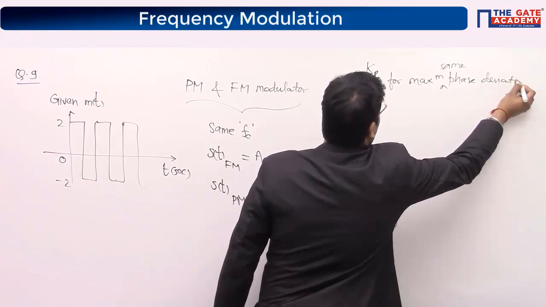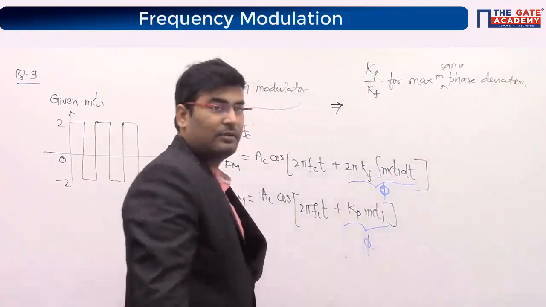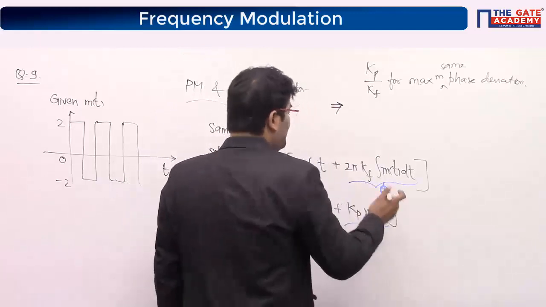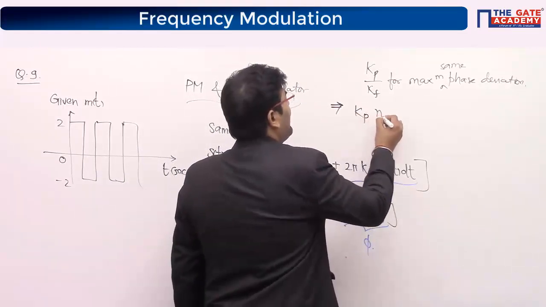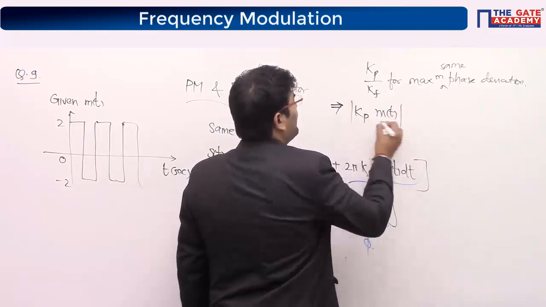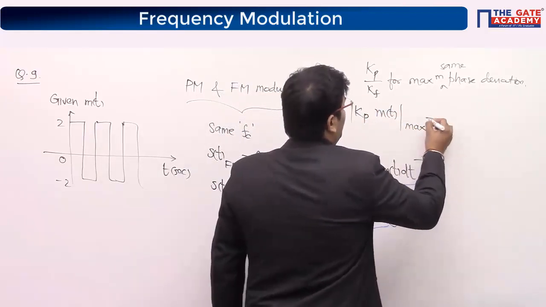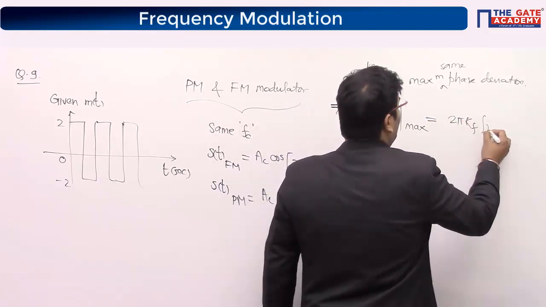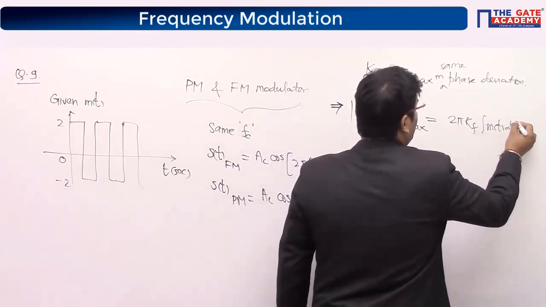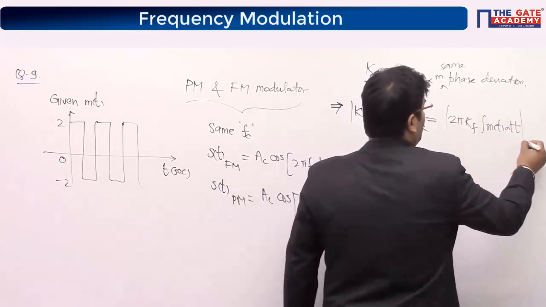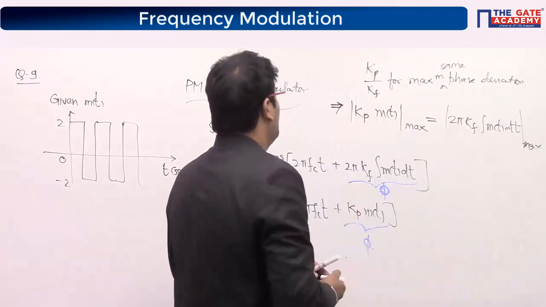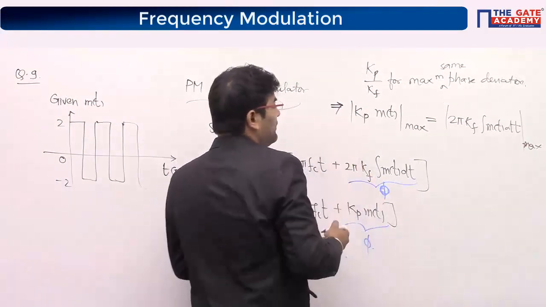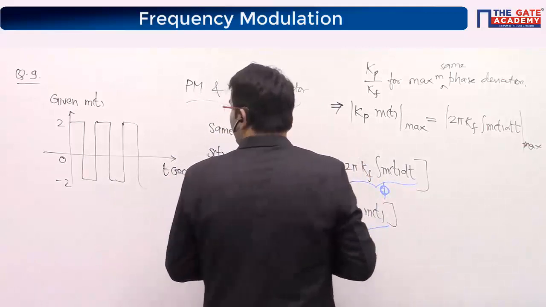This is the question, guys. You need to understand the question. For the same maximum phase deviation, what you are supposed to do is equate these two: Kp m of t, and get the max out of it, equal to 2 pi Kf integral of m(t) dt and the max of it. Now m(t) is super easy, its maximum value is 2.